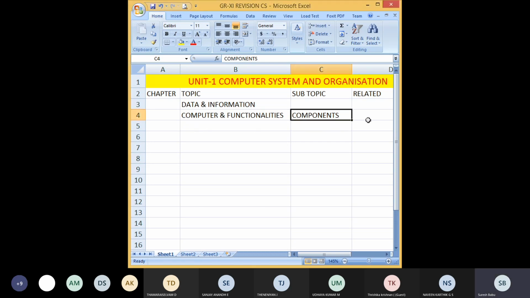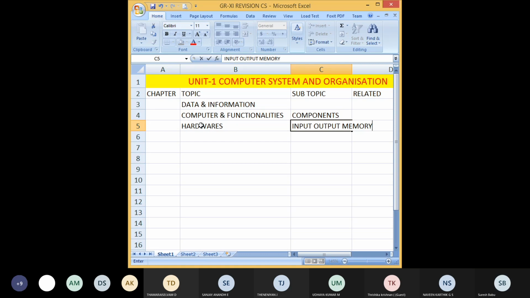In these components, you should know about all the devices. That is hardware and software. In hardware, you should know about all the input devices, output devices, and storage, that is memory devices.